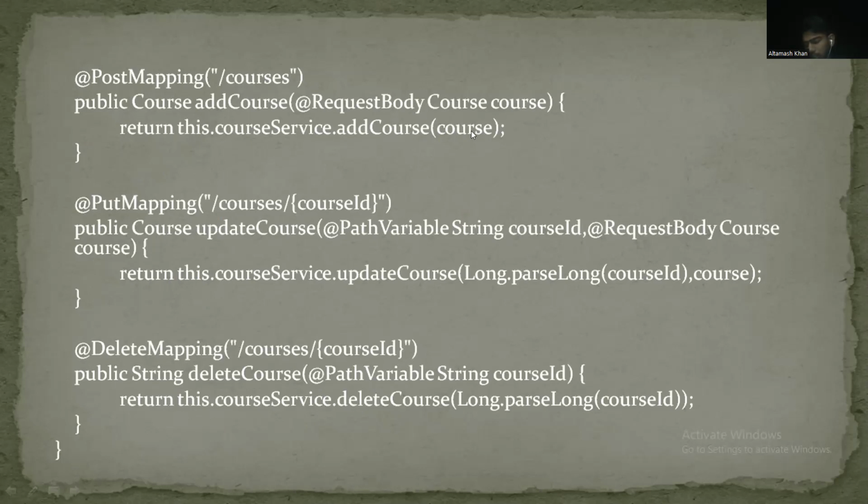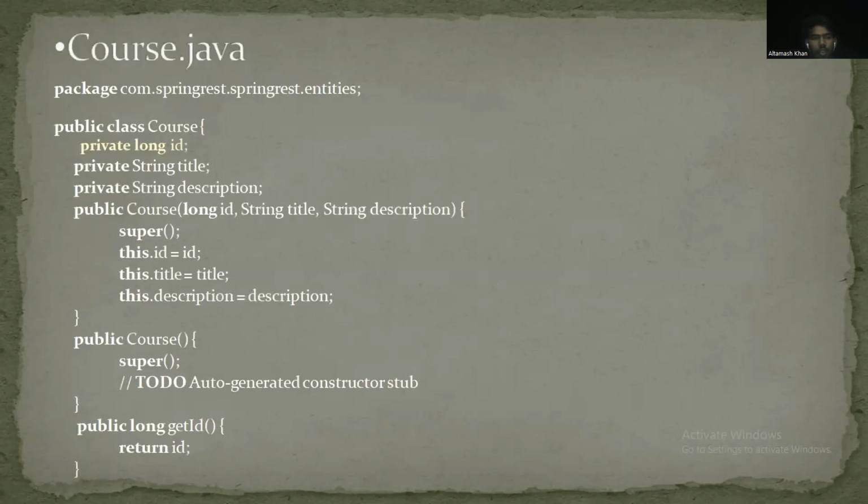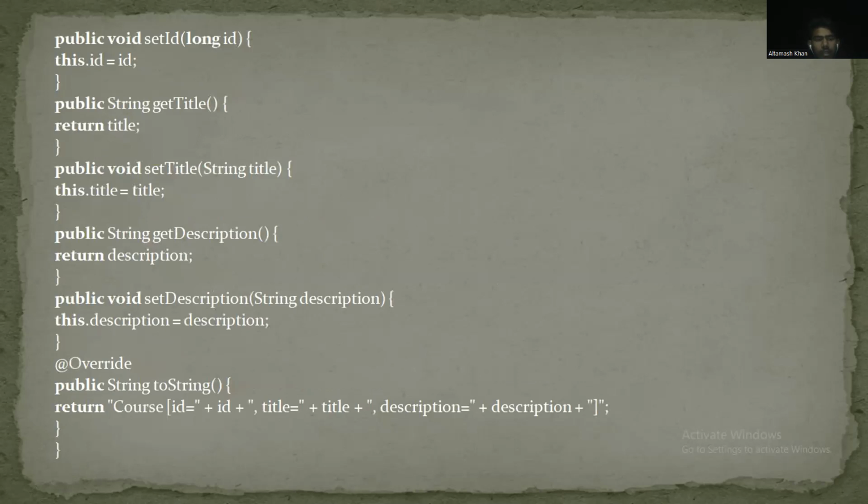I have made a course class, in which we have an ID, a title, and a description of the course. This is the constructor of the course class in which we pass long ID, string title, and description, so that it will initialize all these. And this is the default constructor of it. And these are all getter and setter methods, and nothing else.